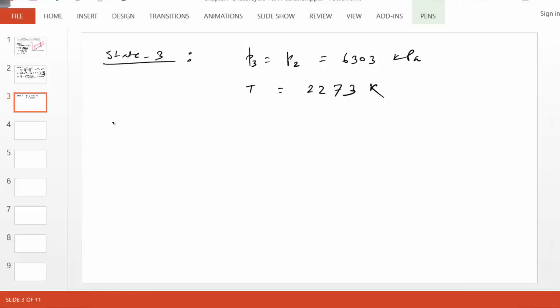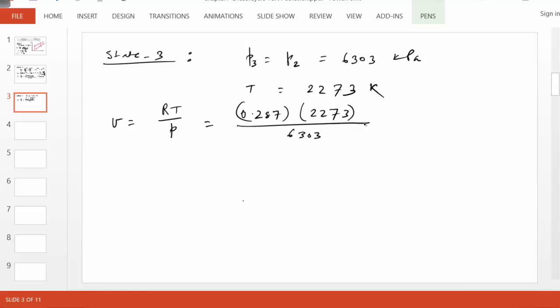So with pressure and temperature, we can find the specific volume using PV equals RT, and that gives us v3, or v at state 3, to be 0.103.